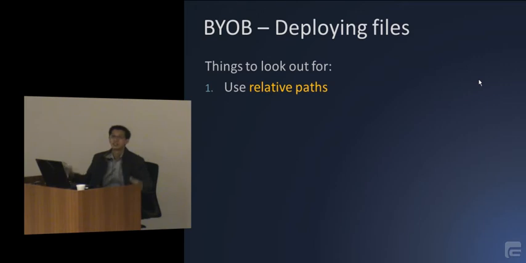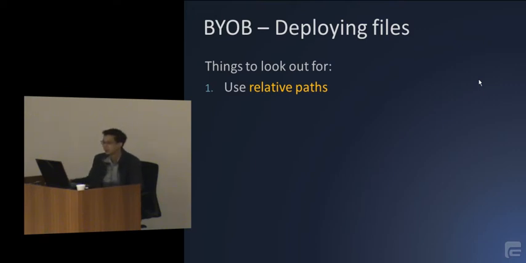Firstly, 3D models usually do not store textures in the 3D model file. So if you have JPEGs and PNGs for the textures, these are actually separate files, and your 3D model file has to refer to them.